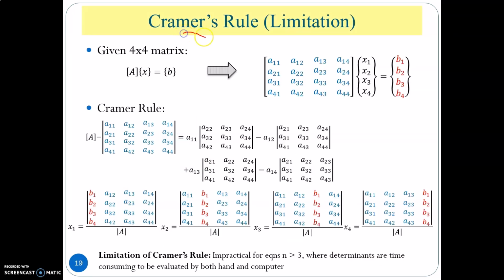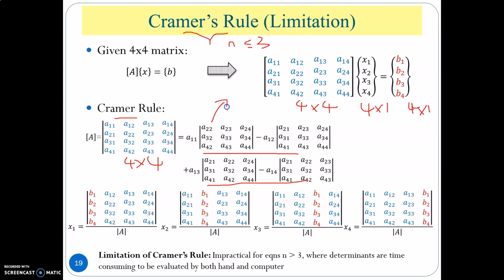Normally we use the Cramer rule for n less than or equal to 3 equations. So in this case, if you have more than 3 equations, such as a 4 times 4 matrix multiplied by a 4 times 1 vector, then you get the output to be 4 times 1. When you perform the determinant on a 4 times 4 matrix here, you cannot use one procedure to solve it.